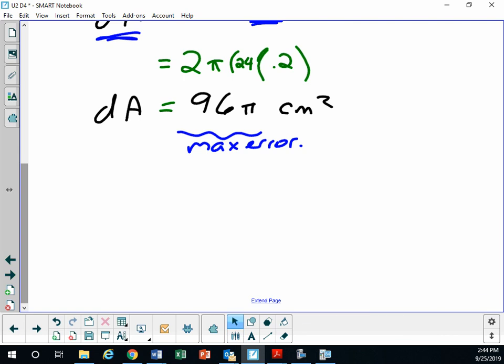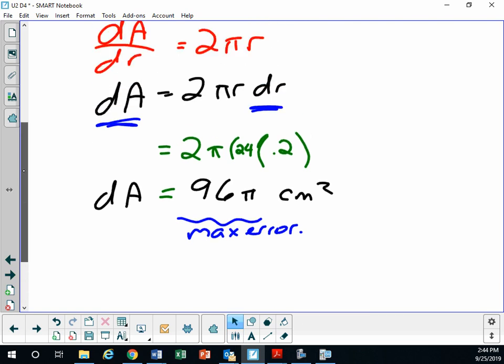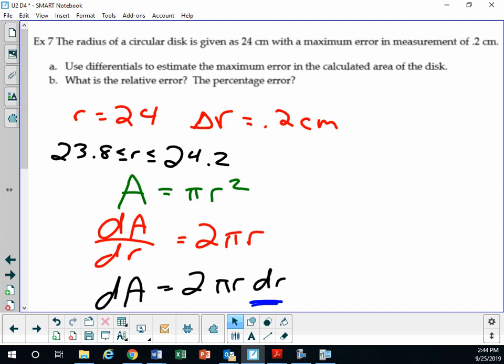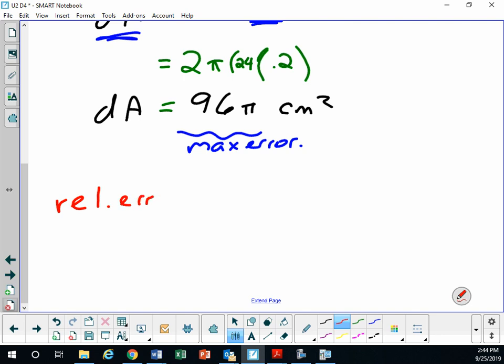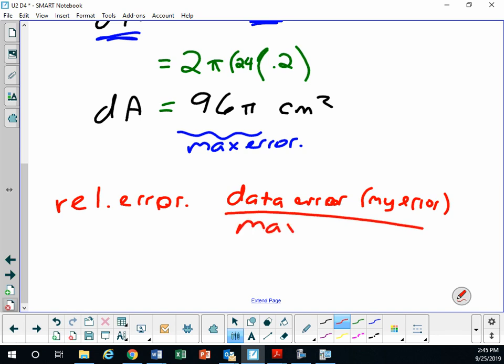So now I'll go back to my question. The question was, what's the relative error? And here's how you figure out the relative error. Here's how I always say it. The relative error is your data error over the max error.